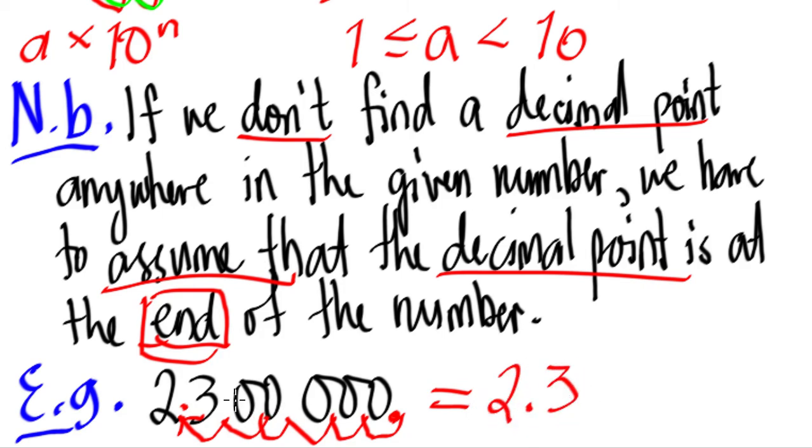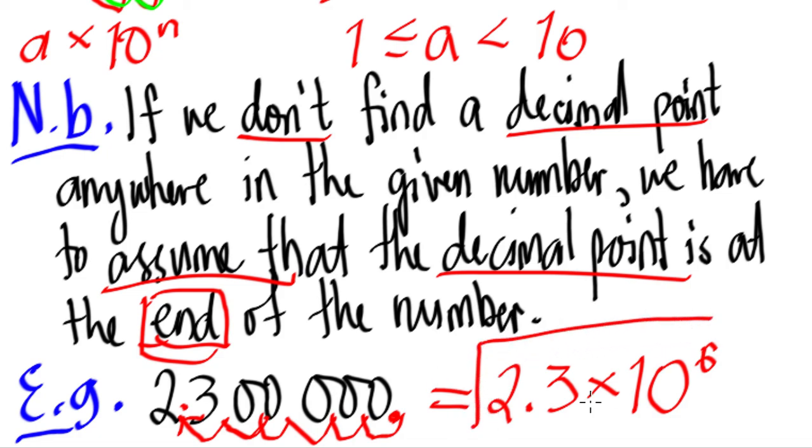We don't need to write a lot of zeros here, so we just put times 10 raised to how many? Recall we have 1, 2, 3, 4, 5, 6. Since we did 6 movements, our exponent n will be equal to 6. So we write 10 raised to 6. This is our answer for this example.